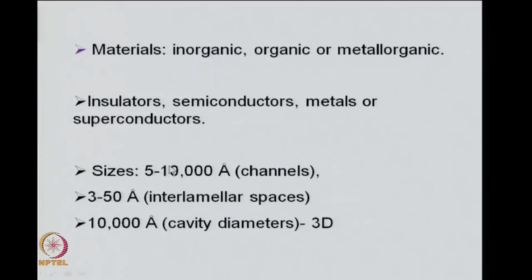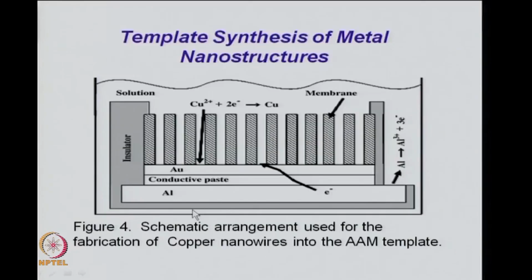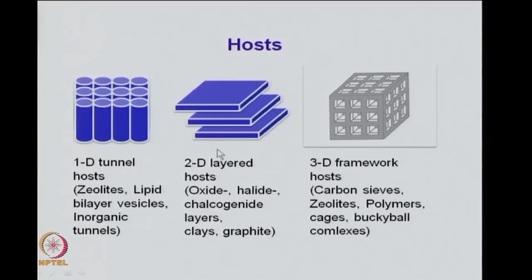So, you can have from 0.5 nanometers to 1 micron sized linear arrays of nanostructured materials using templates. If you want to make 2D structures within the interlamellar spaces, so these are the interlamellar spaces.